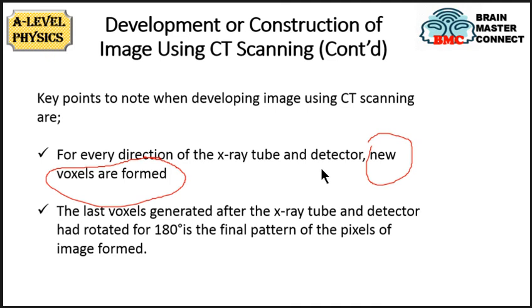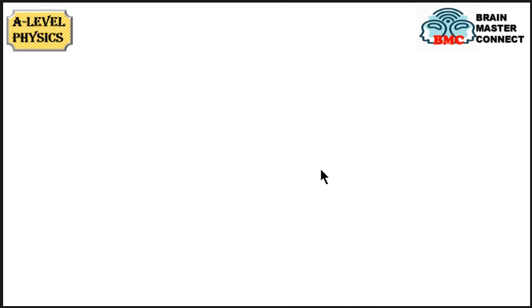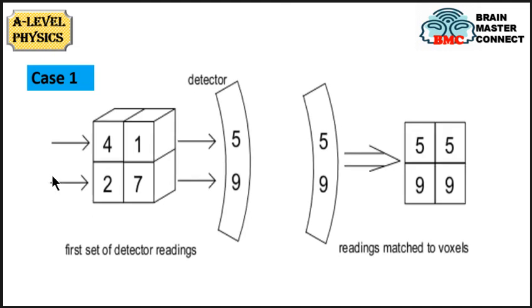So we have the first case here when the X-ray is firstly directed to a section. Just like this, I'm having the X-ray directed at this section. This is the original section with the first pixels and Voxels.